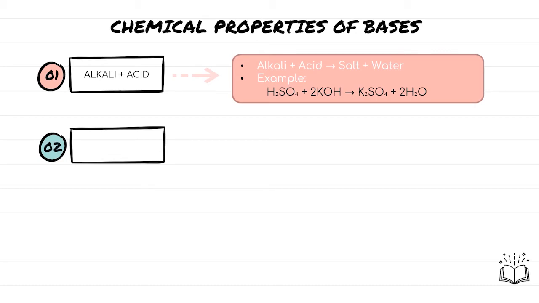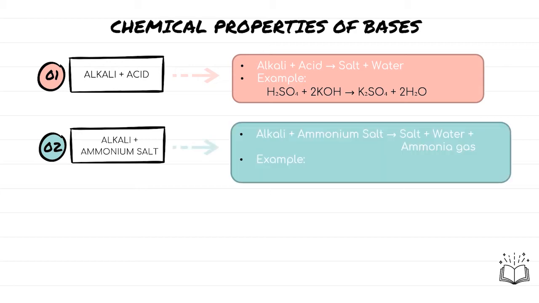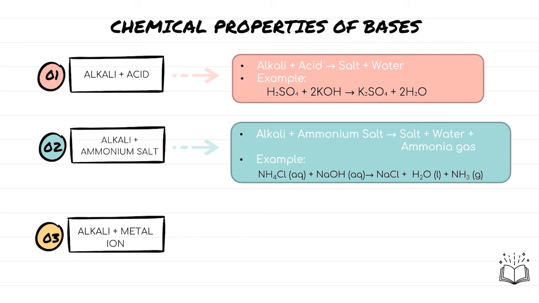And for the second property, what happens when alkali reacts with ammonium salt? It gives salt, water and also ammonia gas. Here we can see when ammonium chloride reacts with sodium hydroxide, it gives sodium chloride, water and also ammonia gas. Okay, for the last property, what happens when alkali reacts with metal ion?